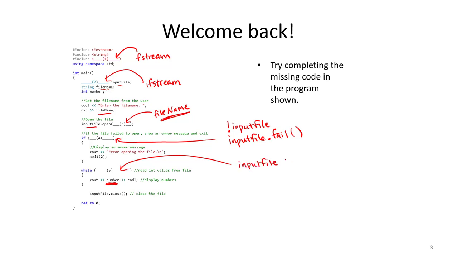So the correct code that would go inside those parentheses would be while input file reads the next item and stores it in number. While input file reads the next value, stores it in number, then we output that number to the screen.